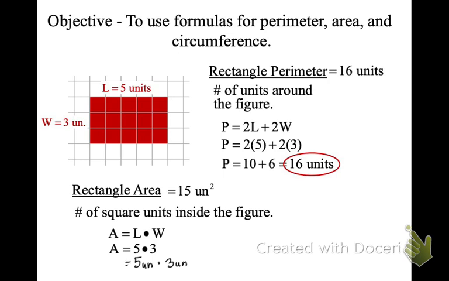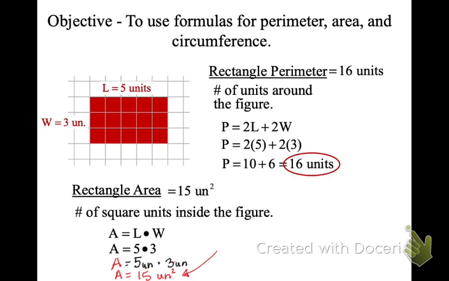Now notice, we have area is equal to 5 times 3 is 15. Units times units is units squared. So area is always squared, and you will get docked points if you don't write the correct units.